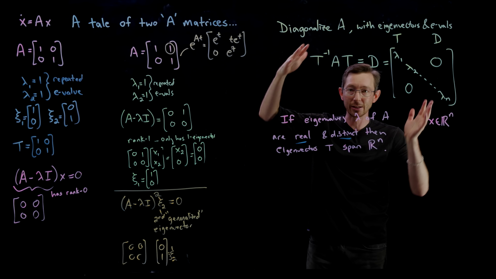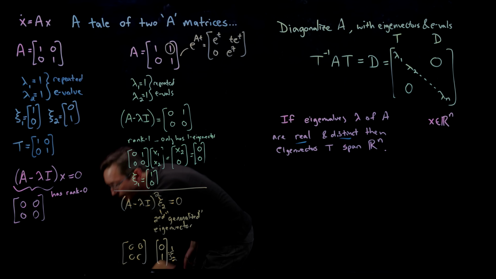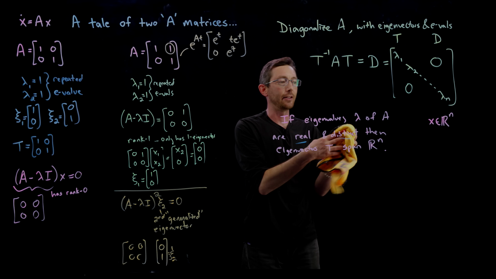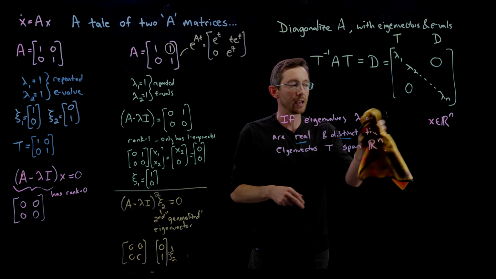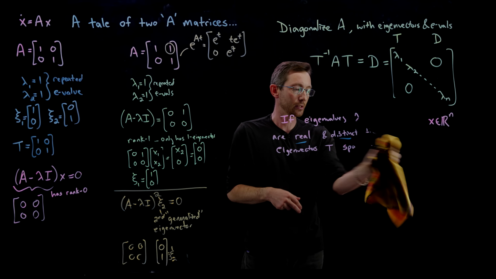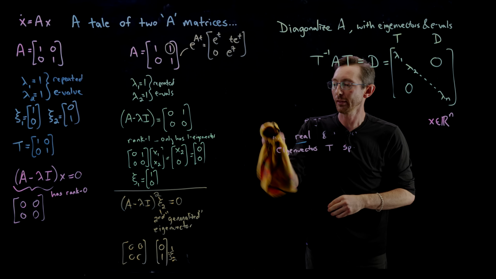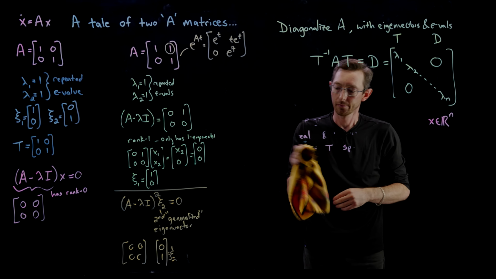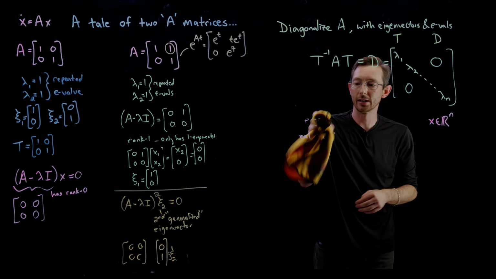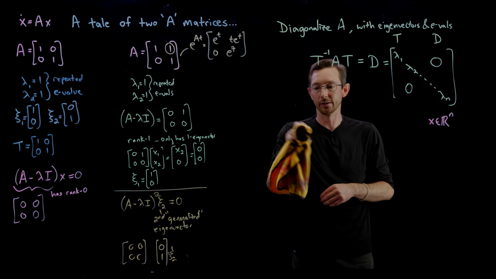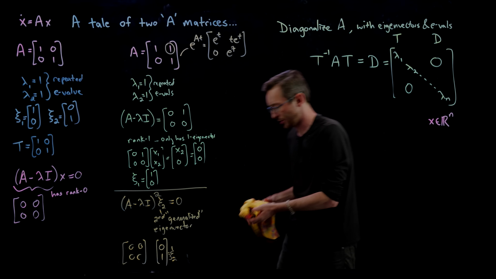If I had an n-dimensional matrix, what would happen? What are some of the things I can have once I apply these eigenvalue, eigenvector coordinate transformations? So what are the cases? What are the just generic behaviors I can get in a linear system with n dimensions?